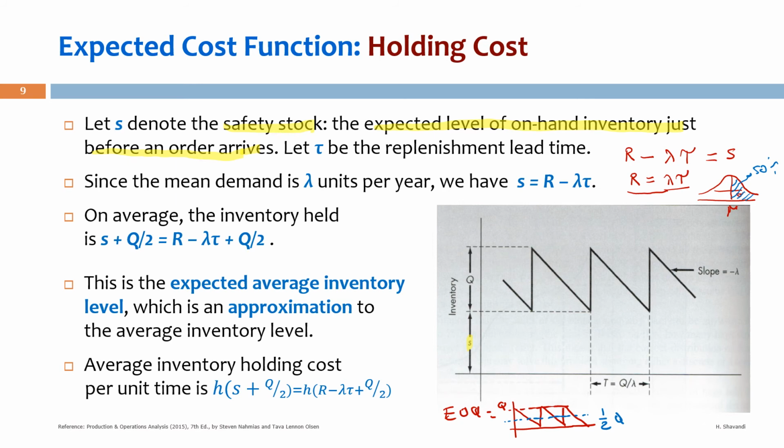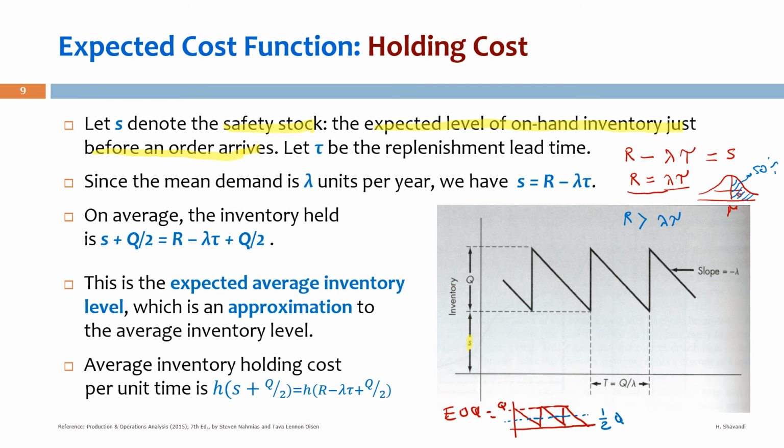So because of that, we are actually accepting a higher level of risk during the lead time if we set R equal to lambda tau. But in order to mitigate this risk of being short, we need to consider R greater than lambda tau.